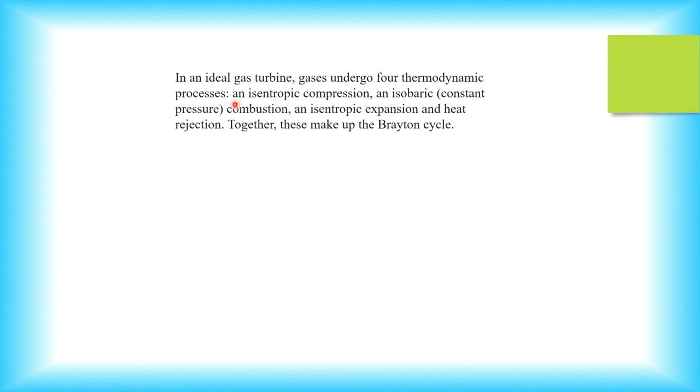They have four thermodynamic processes. First is the constant entropy or isentropic compression. Then you have the constant pressure or isobaric combustion, isentropic expansion, and heat rejection. Together, this makes up the Brayton cycle. That is for the Brayton cycle, not the open gas turbine unit. It is for a closed gas turbine unit.